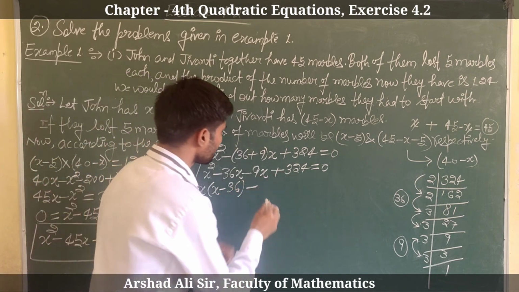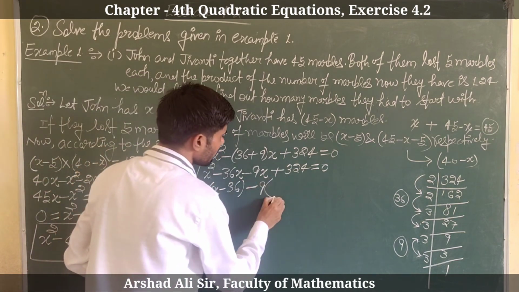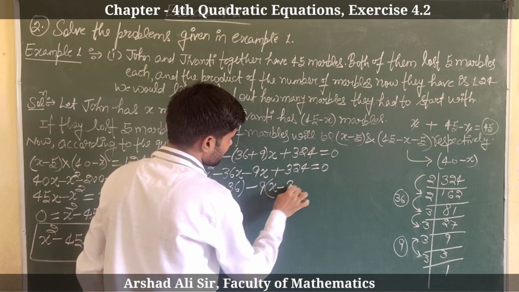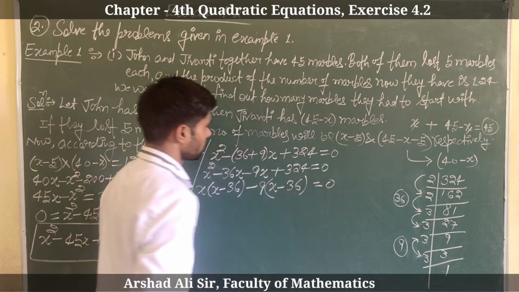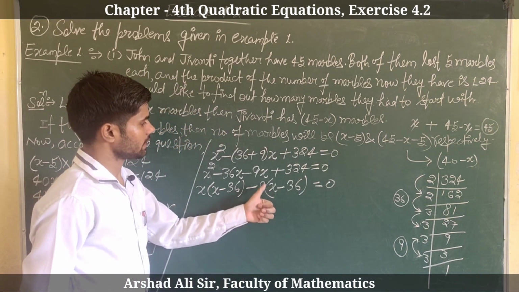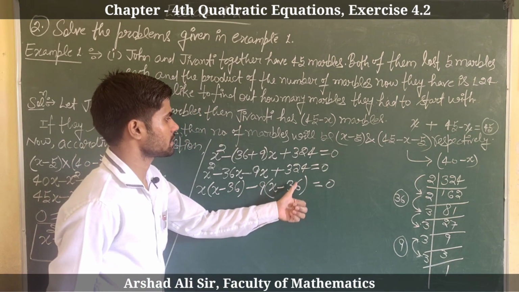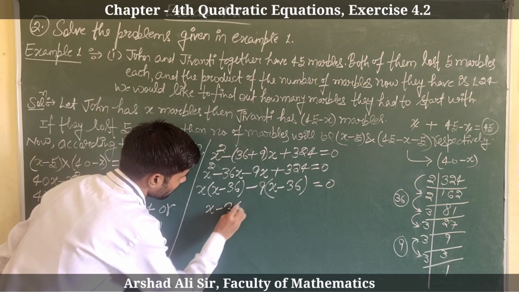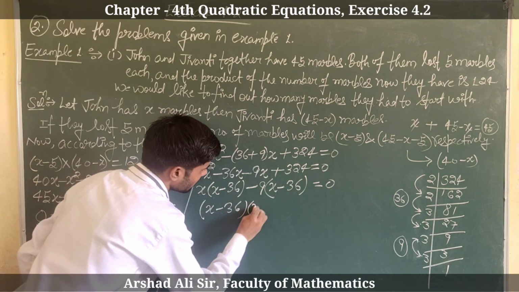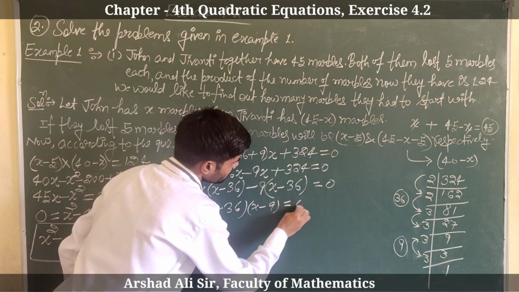Now here we can take minus 9 as common and x minus 36 will remain, is equal to 0. Why? 9 multiply x is 9x, and 9 multiply 36 will be 324. X minus 36 will be common. And here x minus 9 is equal to 0.